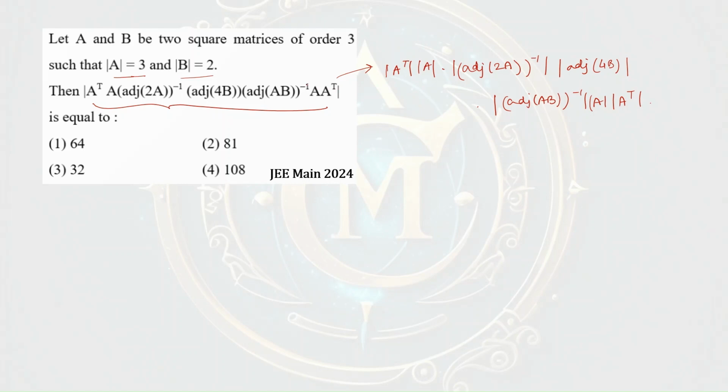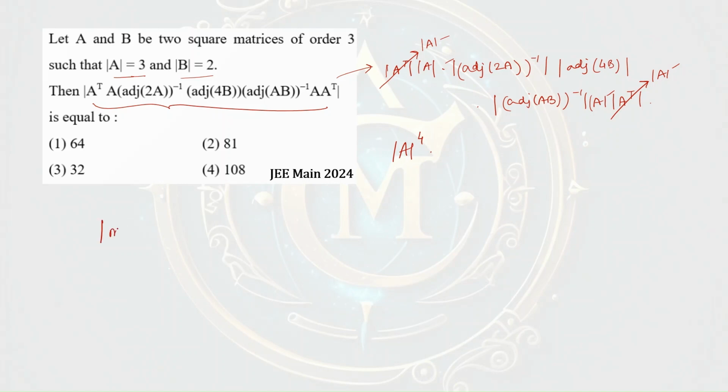We can write this expression in this form. That means determinant of A transpose will be the same as determinant of A, and here also determinant of A transpose will be the same as determinant of A. So here are a total of 1, 2, 3, 4 determinants of A. That means determinant of A whole to the power 4 times determinant of adjoint of 2A whole inverse.